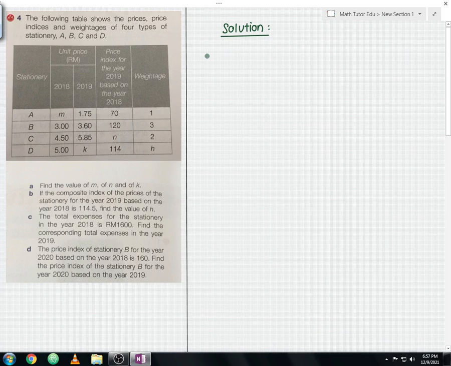For the question part A, in order to find the value of M, N and of K, we are going to apply the price index formula. Okay, so let us begin our working here.